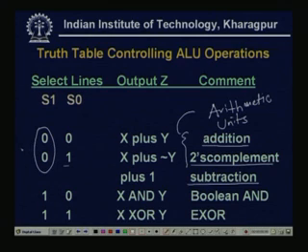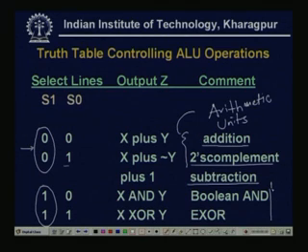So, if S1 is 0, always the arithmetic unit is selected as the output, that means Z is the output of the arithmetic unit, and if S0 is 0, then it will be addition, if S0 is 1, then it will be a 2's complement subtraction. Now, at the second level mux, if it is a 1, then obviously the logic units are selected.